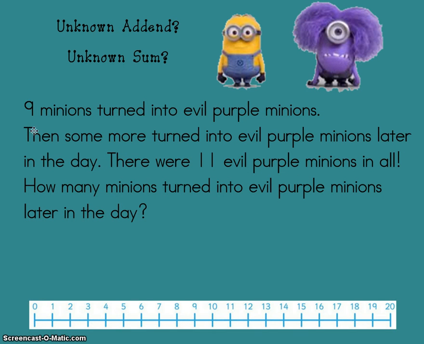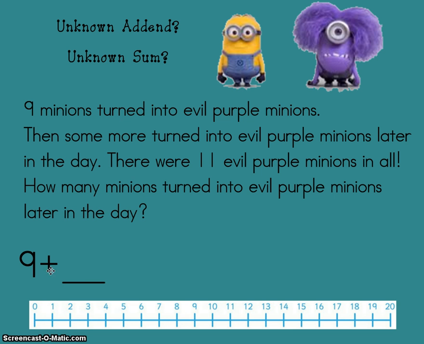I'm going to go back to my problem and see if I can figure out my number sentence to see if I need to find the sum or the unknown addend. 9 minions turned into evil purple minions. Got it. Then some more turned into evil purple minions later in the day. Well, if it says some more, I'm adding more minions, but I don't know how many.